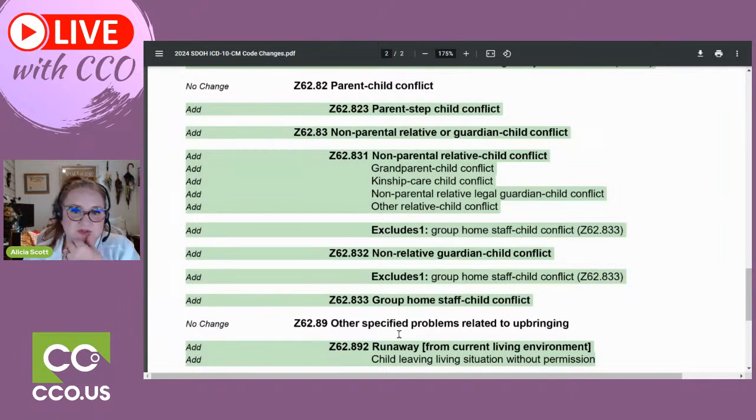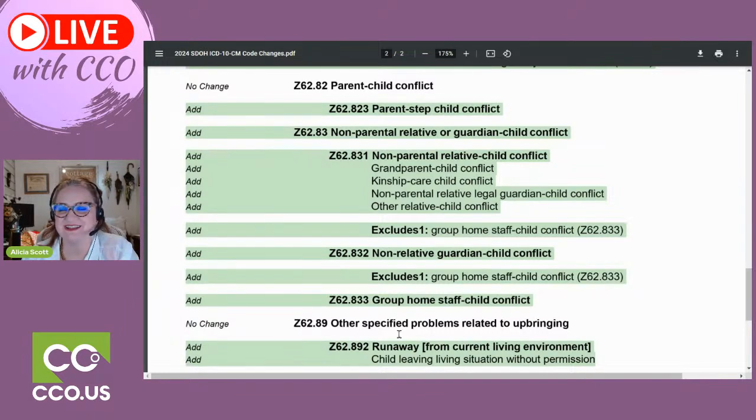This is where there's a conflict between the grandparent and the child. But what about a non or other relative? Again, I think of cousin, but non-parent relative, legal guardian. So let's say the uncle and the aunt, one of them takes care of a child, and there's a conflict. And there would be, right?